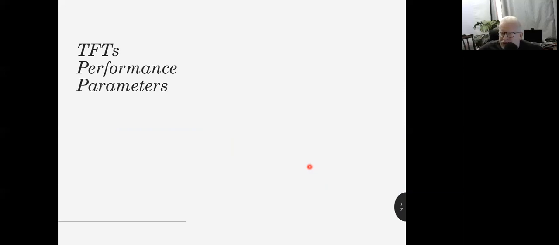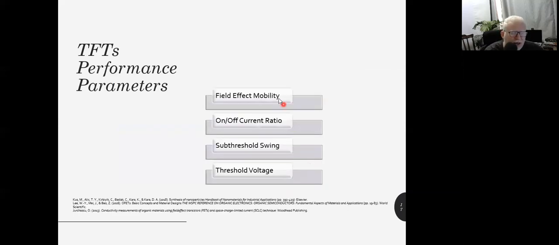Whenever we are going to demonstrate the performance of any TFT or any transistor in general, there are four main parameters that can evaluate the performance of a transistor. These parameters are the field effect mobility, the on-off current ratio, the subthreshold swing, and the threshold voltage.